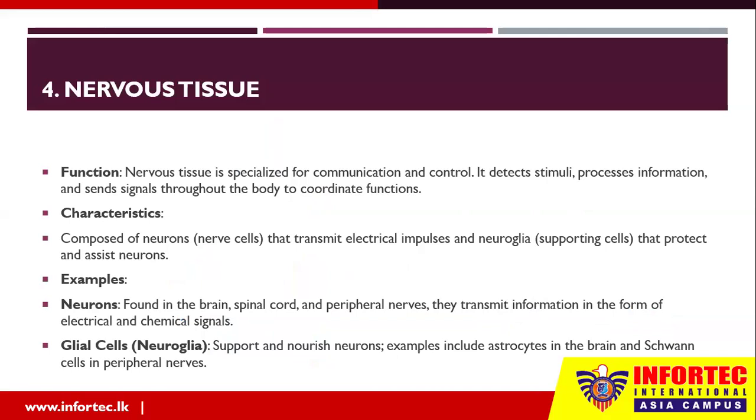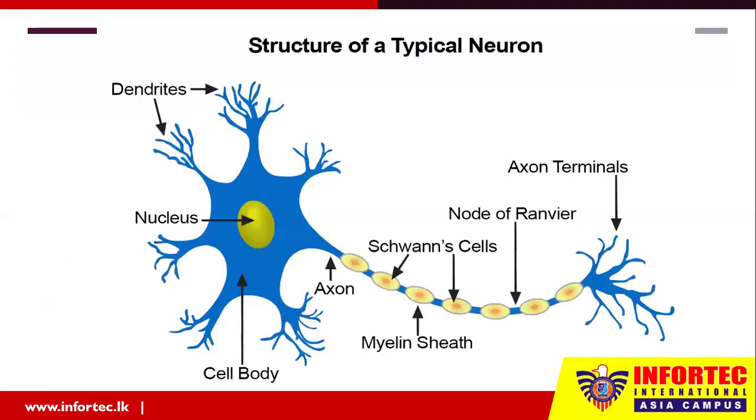Although neurons cannot divide and multiply, these neuroglia or glial cells can divide and multiply. When we consider the quantity, glial cells are more numerous than neurons, right? For an example, we can take astrocytes in our brain and Schwann cells in our peripheral nerves. They are glial cells.